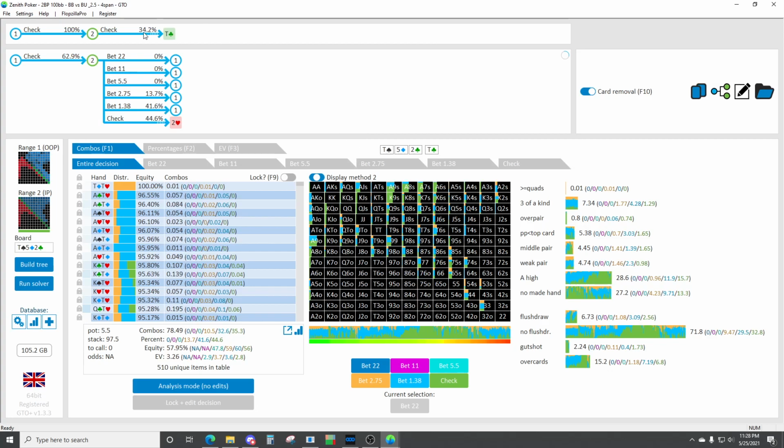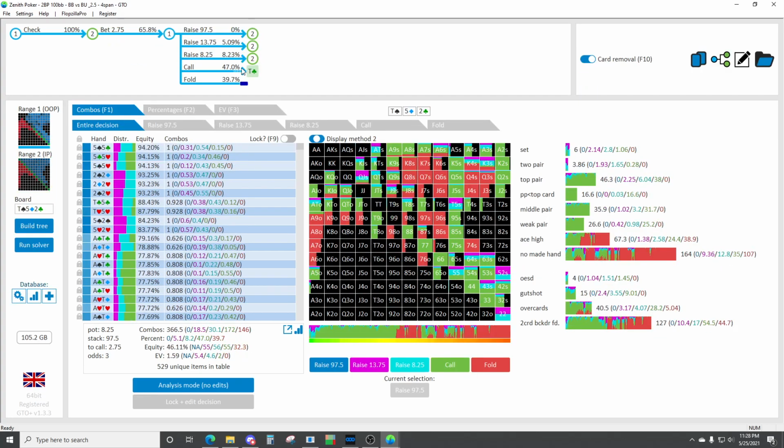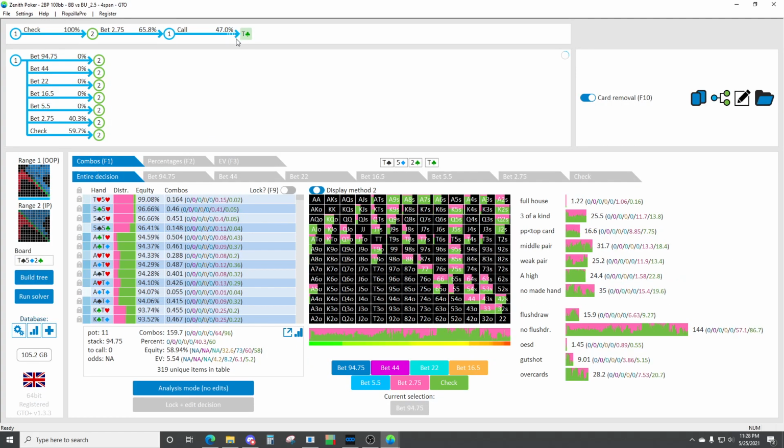Whereas in the bet line, if the turn's a 10, this is a much better card for out of position. So the quality of runout is going to depend greatly on the line, which I don't think is any secret.